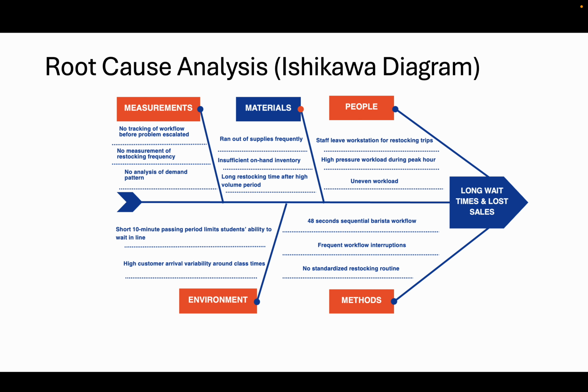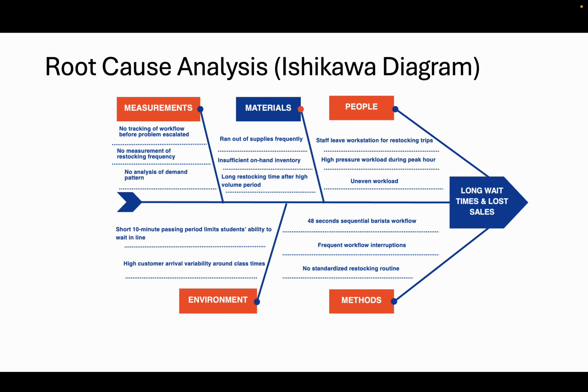Looking at methods, the drink making process is completely manual and sequential. The barista's task alone takes 48 seconds per drink, with no parallel steps. On top of that, there's no standardized restocking routine, which leads to an inconsistent workflow and frequent interruptions. Finally, under environment, students only have a 10 minutes passing period between classes, which limits how long they can stay in line.